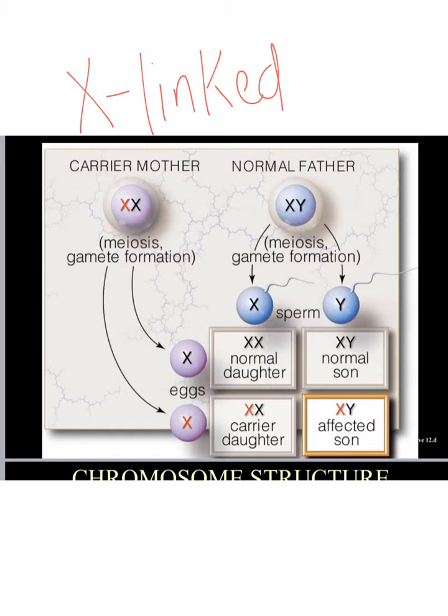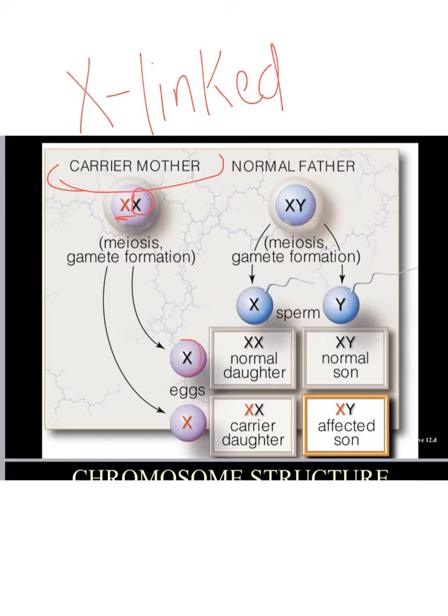If we have an X-linked trait, this is something that is only going to be on the X chromosome. So we have a carrier mother. This mother has the X-linked trait on one of her X chromosomes, but she also has a normal X chromosome that's going to mask the trait. So she is not affected by this gene, but she is a carrier.